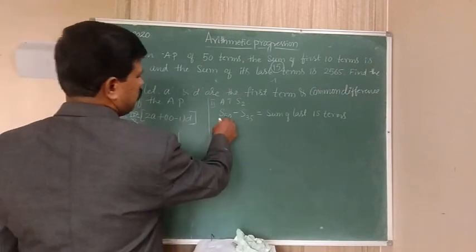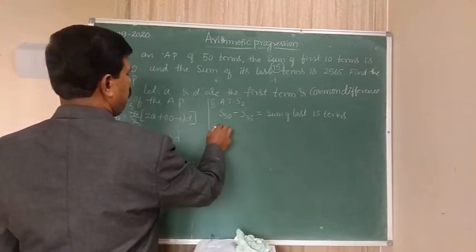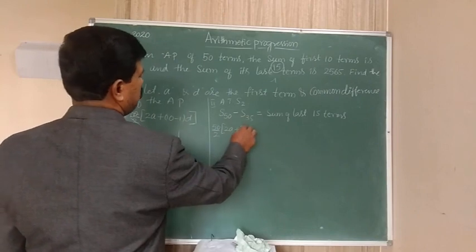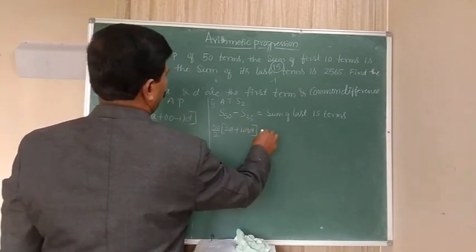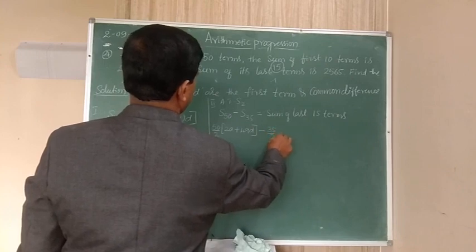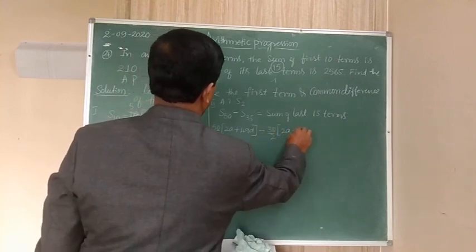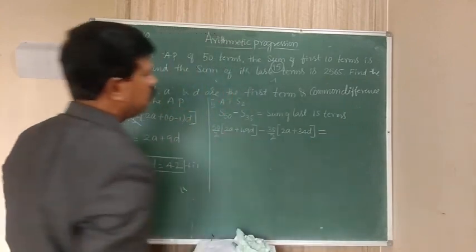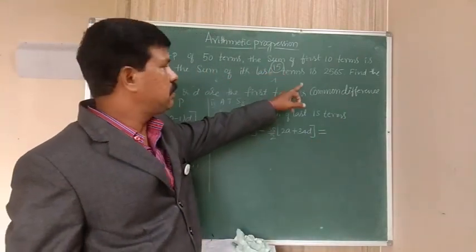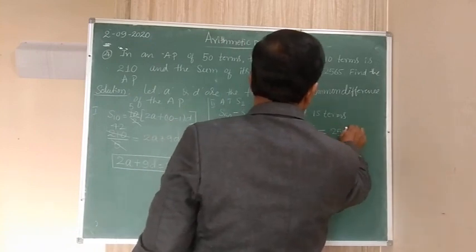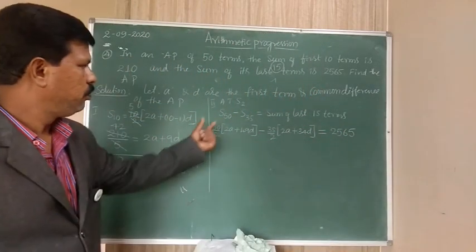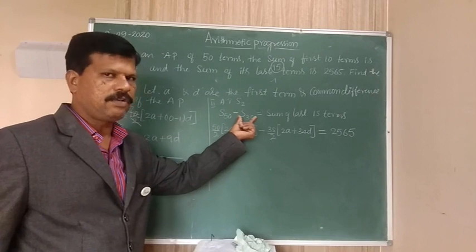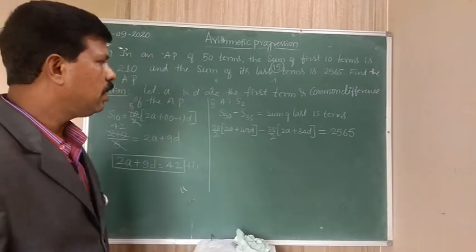After writing this, you just apply the formula: 50 by 2 into 2a plus 50 minus 1 is 49d, minus 35 by 2 into 2a plus 35 minus 1, 34d, is equal to the sum of its last 15 terms, which is given as 2565. Understood? If we subtract the sum of 35 terms from the sum of 50 terms, we get the sum of the last 15 terms.